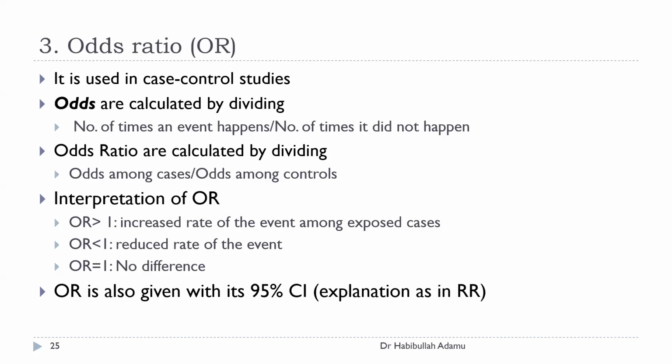So you can say 1 divided by 0.2, which is I think 5. So that means those who use the vaccine are 5 times less likely to develop the disease.